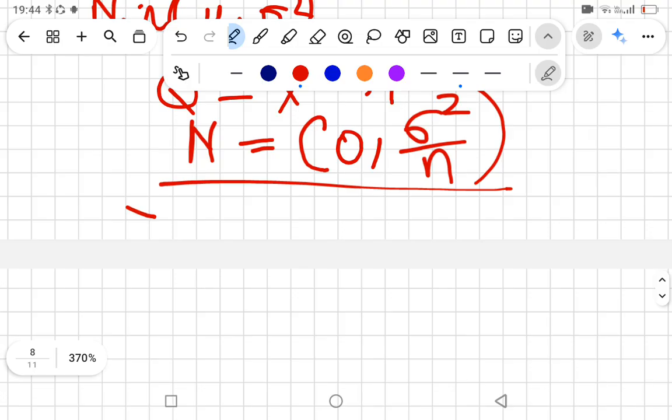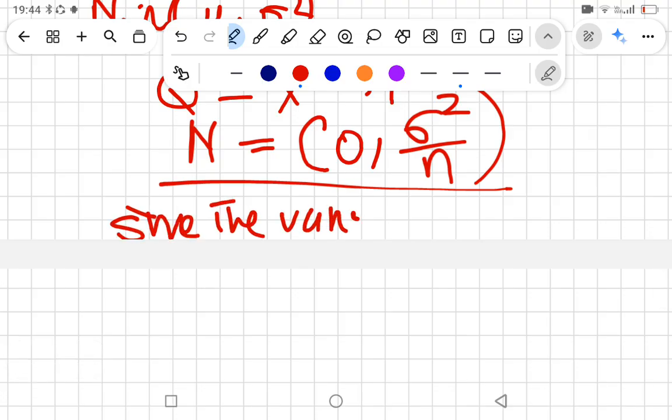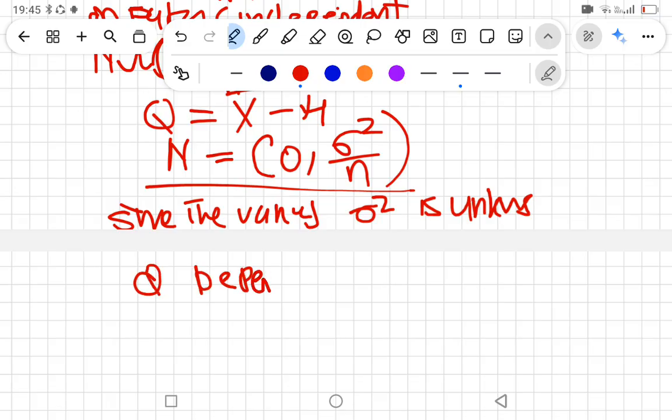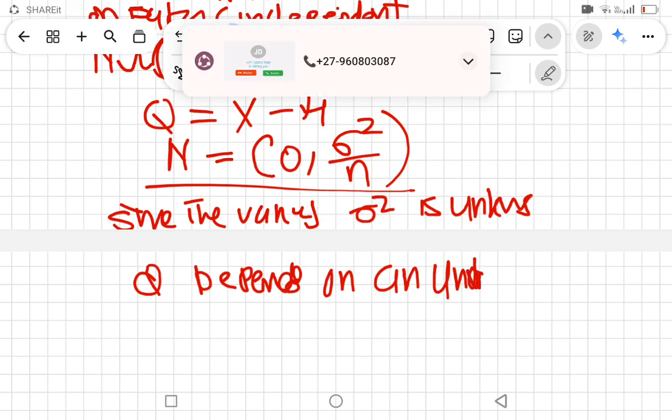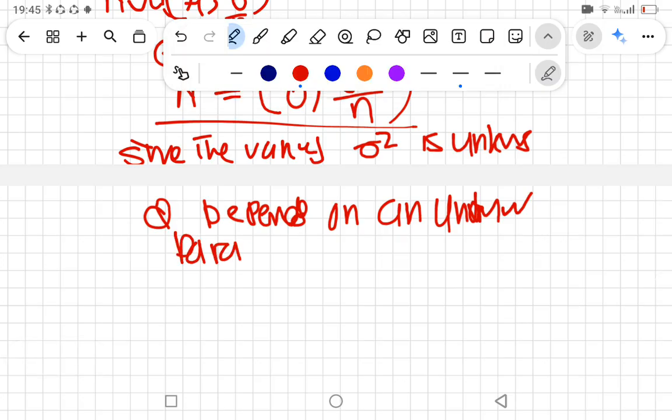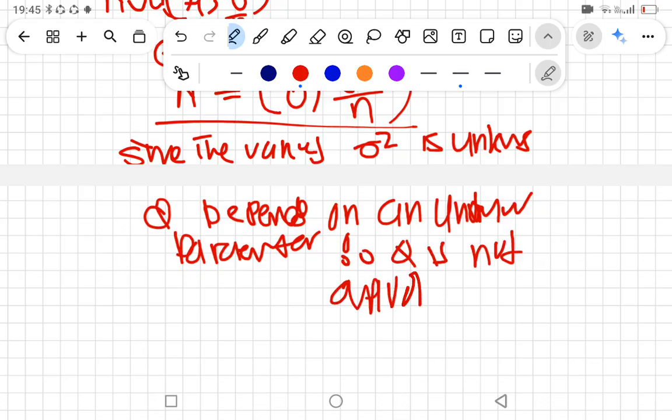Since the variance is unknown, Q depends on what? On an unknown parameter. Therefore, Q is not a pivot quantity.